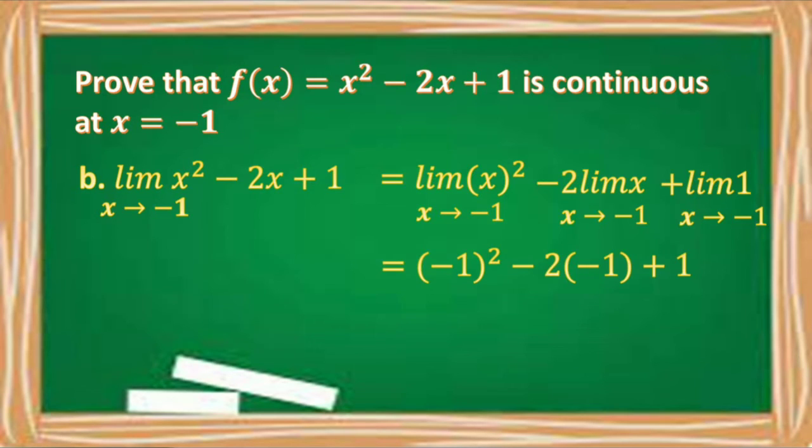And so we have (-1) squared minus 2 times -1 plus 1. So we have 1 plus 2 plus 1 equals 4.